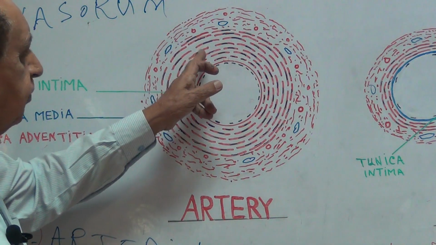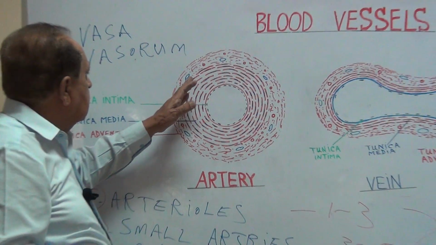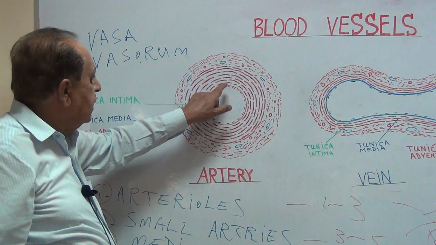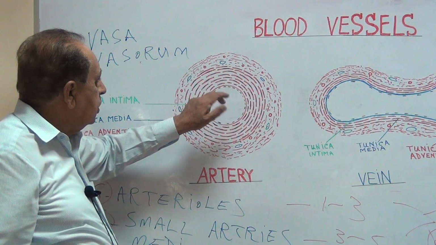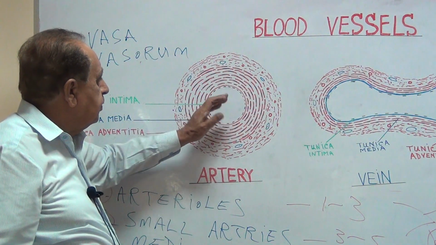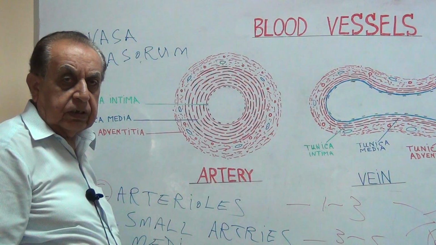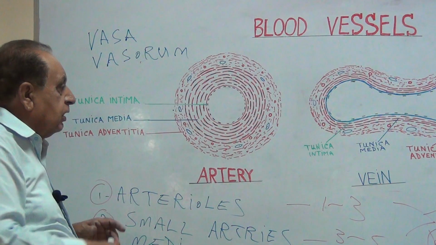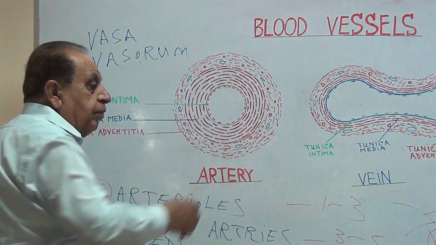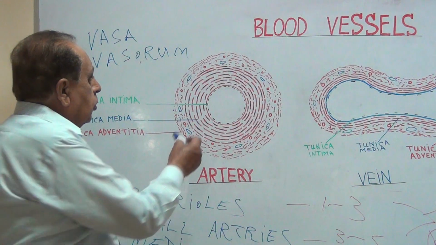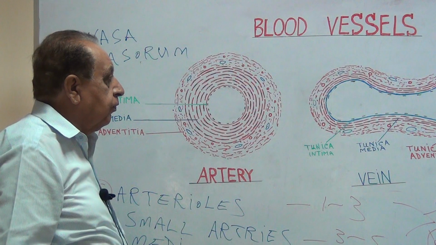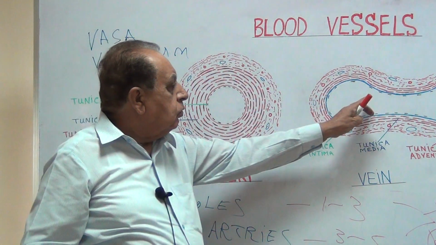So 3/4 of the muscular layer gets nutrition from the vasa vasorum, while the inner 1/4 and the endothelium get their nutrition from the blood passing through these arteries. So that is the vasa vasorum. Now the artery has many muscular layers, so its lumen is rounded. Now we will come to the vein.